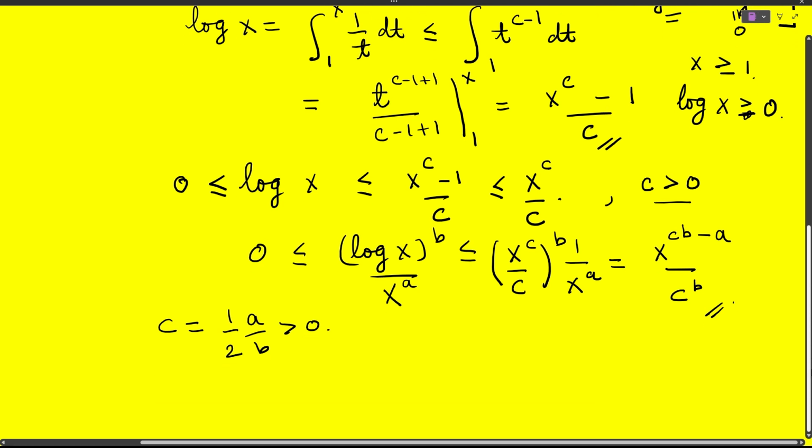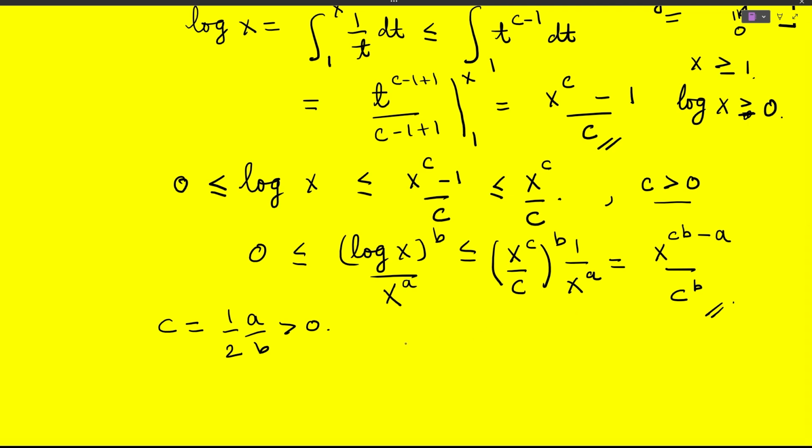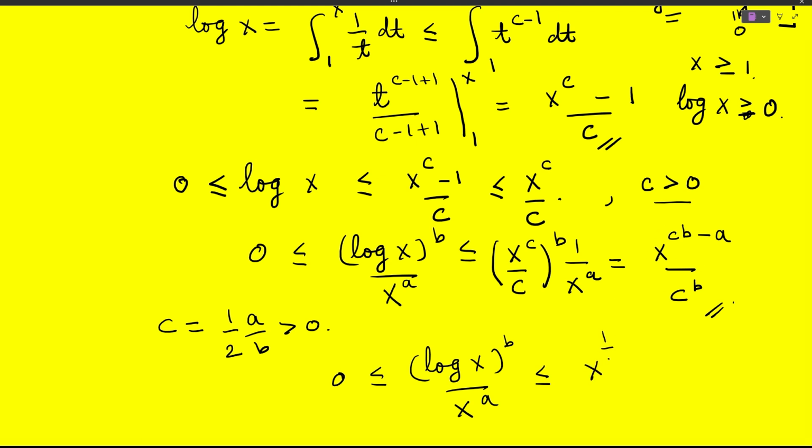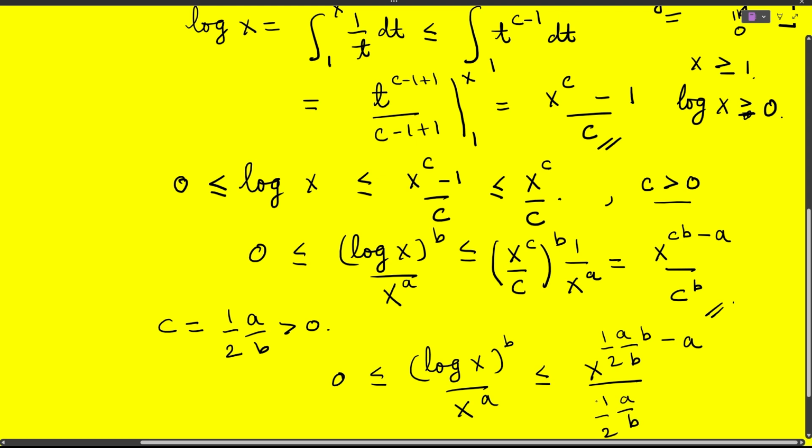And when you make that particular choice of c, what you have is that 0 is less than or equal to log x to the power b divided by x to the power a, which is less than or equal to, basically, you just substitute 1/2 a by b and then multiply by b minus a divided by (1/2 a by b) to the power b, right?